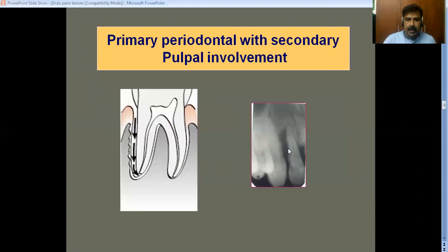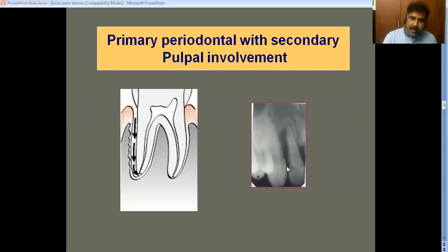Okay. Now the second one: you have a deep periodontal pocket. You can see a deep pocket like here, and it is almost extending to the apex of the tooth. When you have a deep lesion like this, it will be full of microorganisms. These microorganisms will enter through the apical foramen into the pulp, and it can affect the pulp.